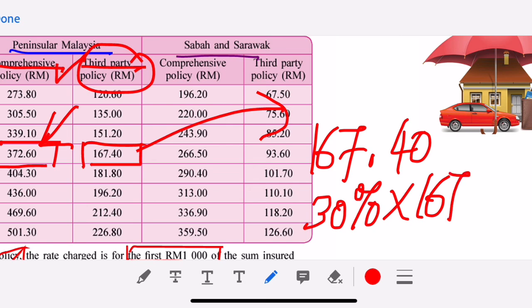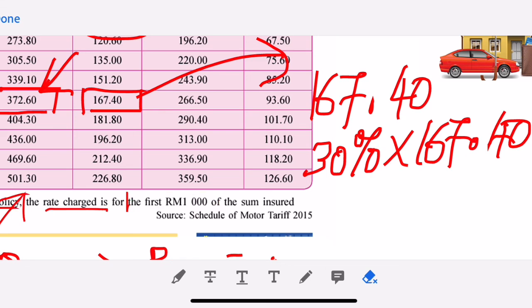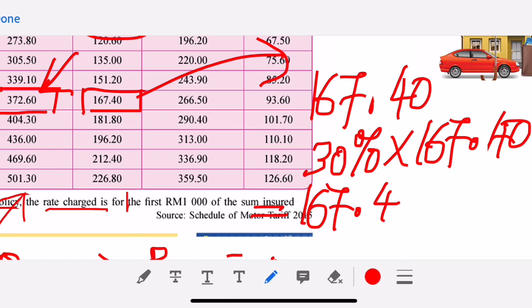Because he is entitled for NCD, even though for third party. So after you minus out, 167.40 minus 30 times 167.40 divided by 100 is actually 50 ringgit 22 cent.